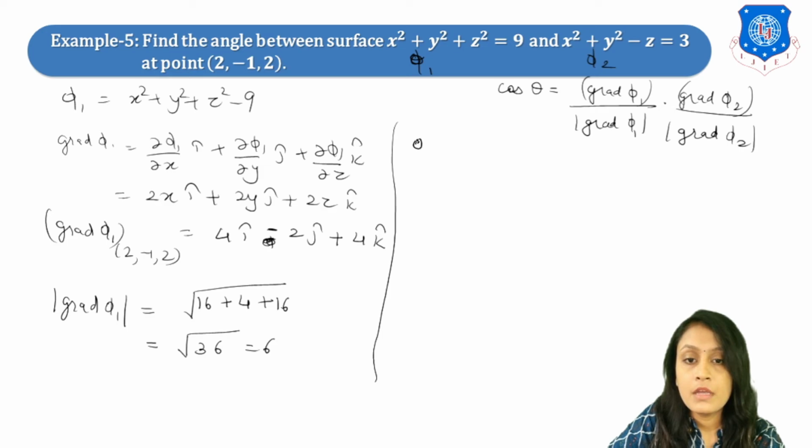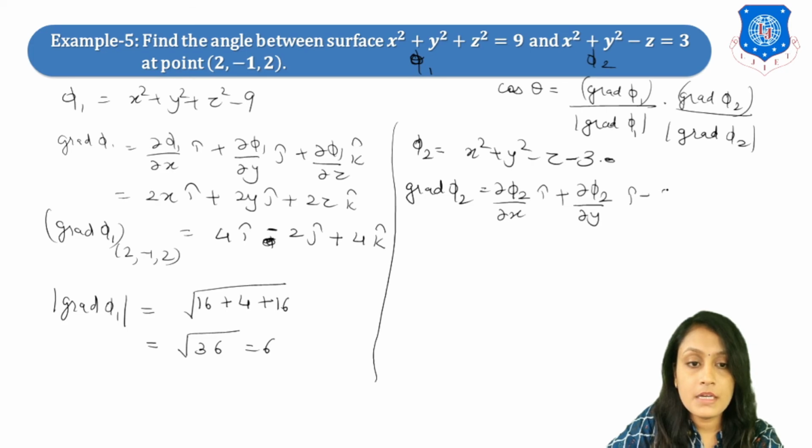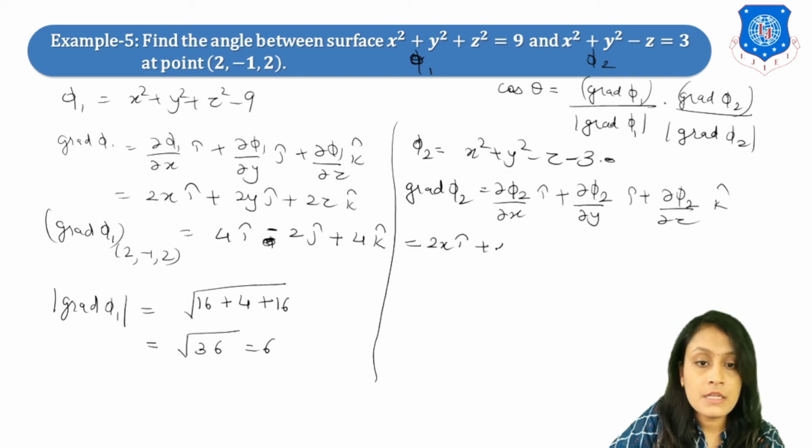Now we will find grad of phi 2. Phi 2 is given, that is x square plus y square minus z minus 3. Now find its gradient. So gradient of phi 2 is equal to del phi 2 by del x i plus del phi 2 by del y j plus del phi 2 by del z k. This is the formula. Now the derivative with respect to x is 2x, so 2x i plus 2y j minus 1k, so minus k.